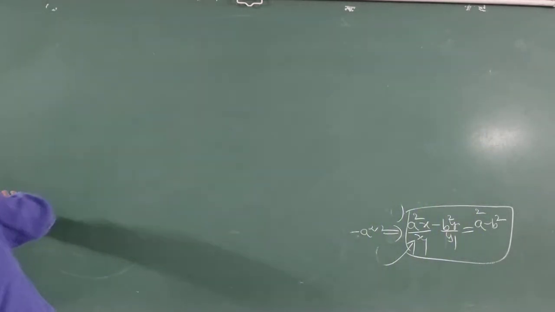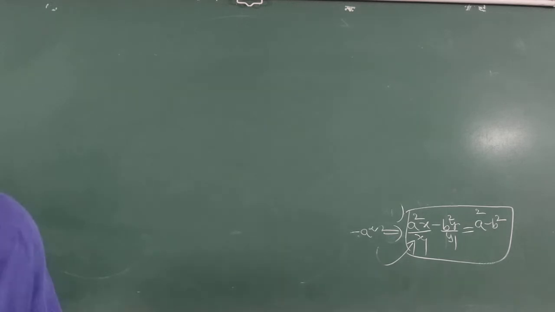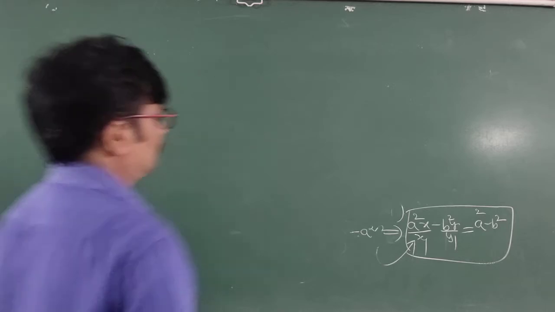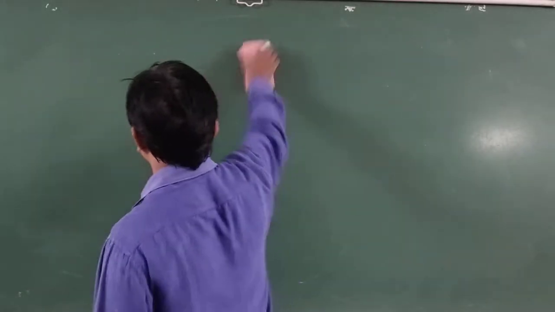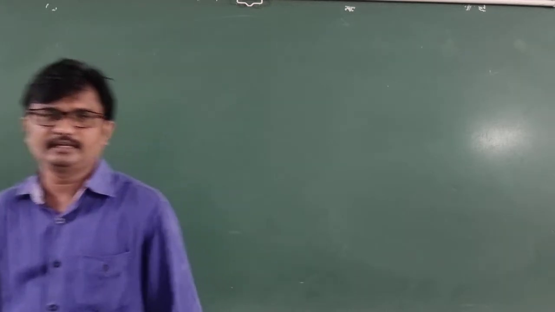The condition is c square equal to a square m square plus b square. Write down students, this is also a very important formula. In the parabola we know that c equal to a by m.